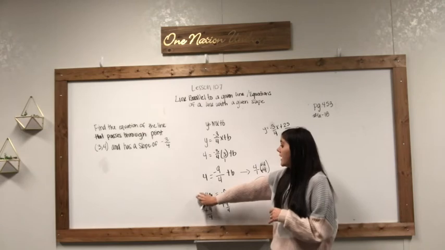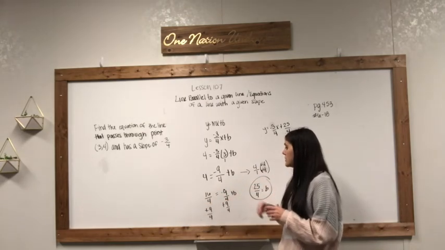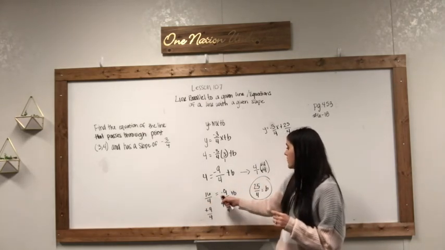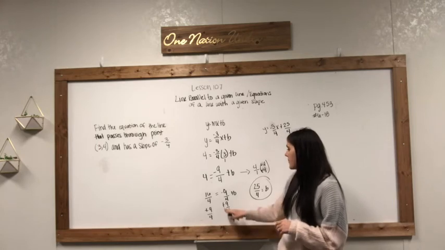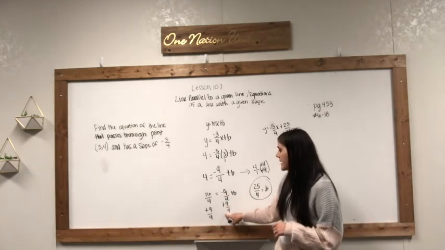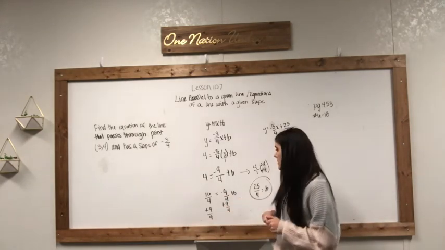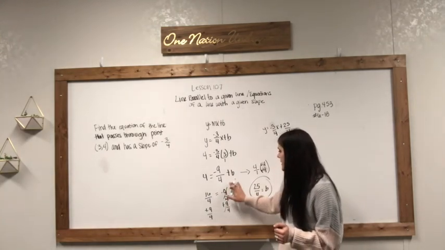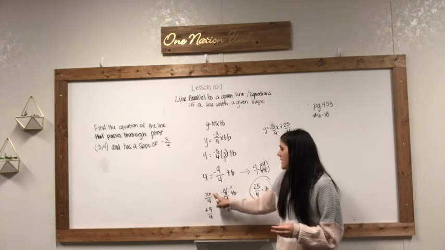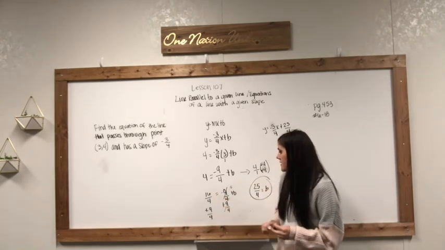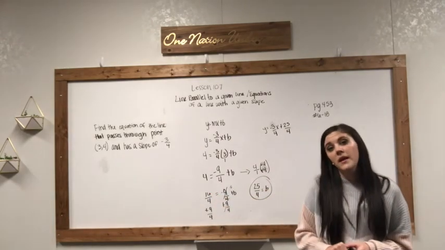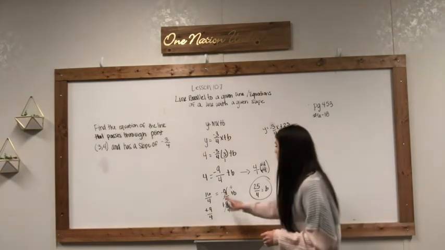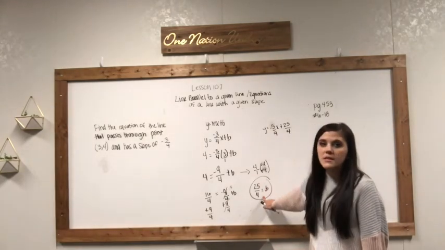So now we have 16 over 4 equals -9 over 4 plus b. Then I'm going to add 9 over 4 to both sides because it is a negative. So over here, it's going to cancel out. Then I'm adding 16 and 9, which gives me 25. So then we'll have 25 over 4 is the b.